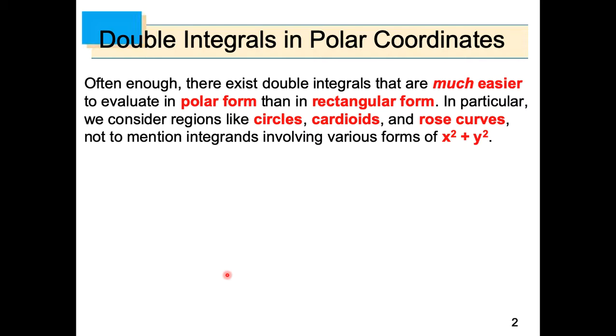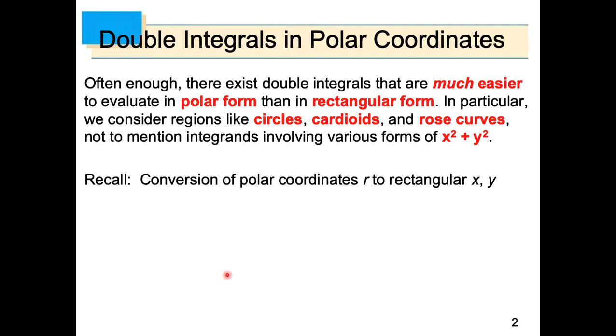In particular, when you have regions like circles, cardioids, rose curves, etc., then you might want to consider using polar form, because it is in many ways a much simpler task, and it also helps you verify other methods of integrating. You can find ways to integrate with both polar form and rectangular form and still get the same answer, but again, sometimes one way is easier than the other.